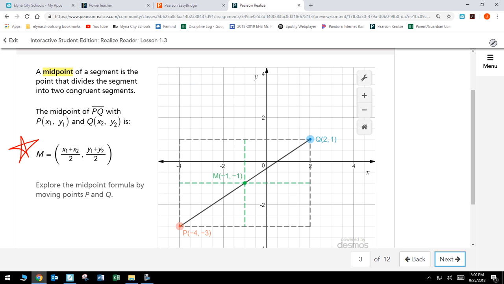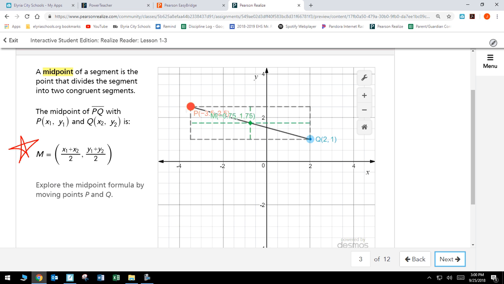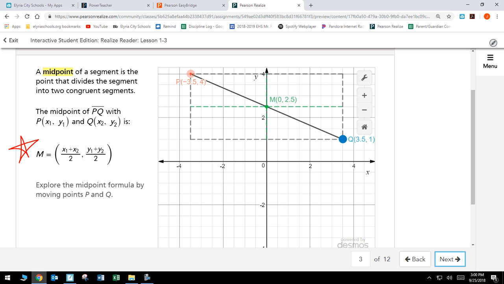If you want to find the middle of the segment PQ, you're looking for halfway between the x's and halfway between the y's. And wherever you move on the coordinate plane, you will always be looking for halfway between the x's and halfway between the y's.